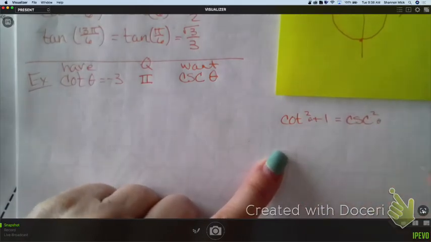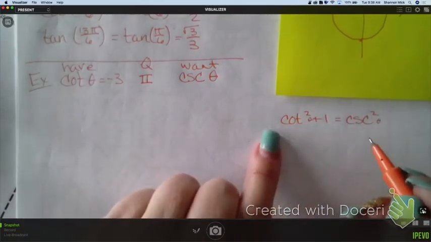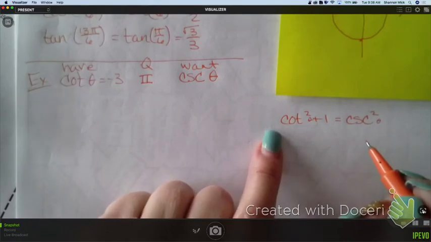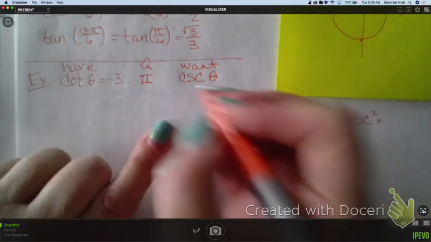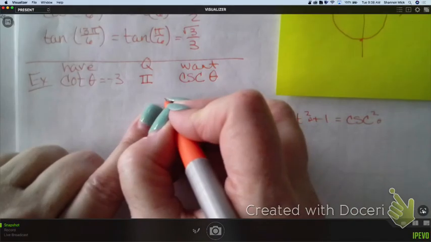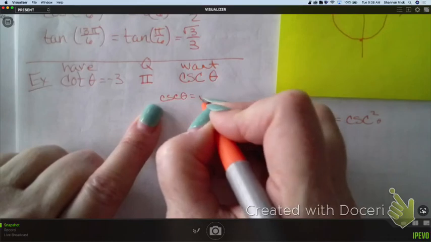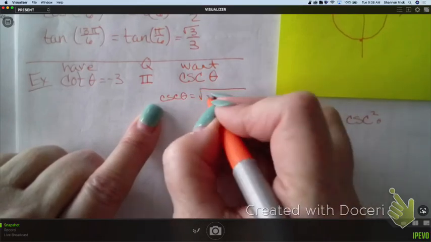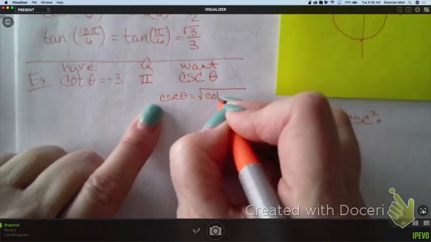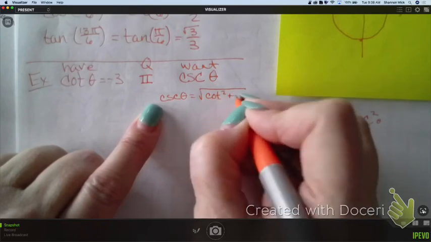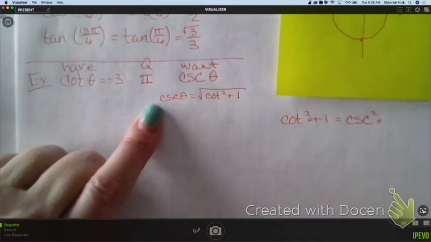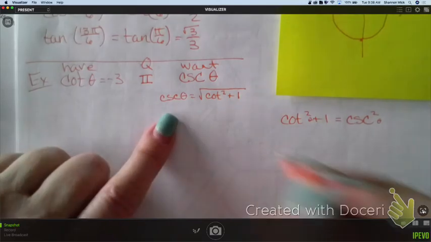So if I just want cosecant, what do I have to take of it? The square root. Okay, so cosecant of theta is going to equal the square root of cotangent squared plus 1, right? Okay, so we just got to fill it in now.